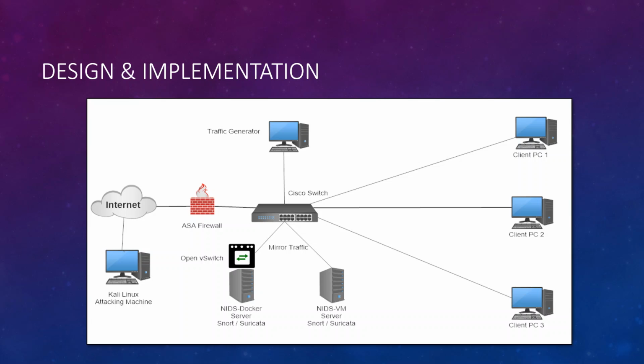We'll also be using a traffic generator to mimic the size of the network and the traffic going through, an ASA firewall with basic in and out rule filtering, and a Kali Linux machine to perform DOS and reconnaissance attacks on internal machines within the LAN network.